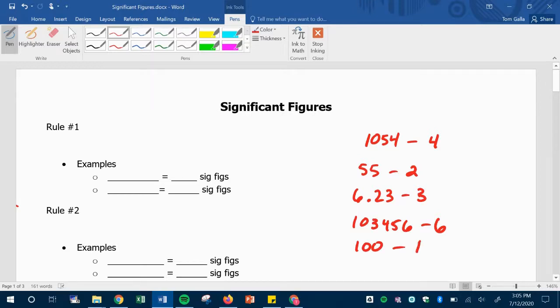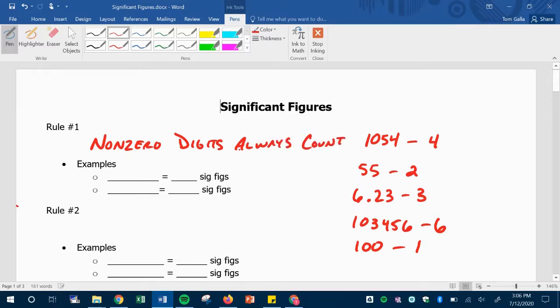All right. So now that you guys have kind of seen this a little bit, let's talk about some of our rules, because I think the number of significant figures will make more sense once we actually see some of our rules. And so our first rule in terms of determining the number of sig figs is non-zero digits always count.